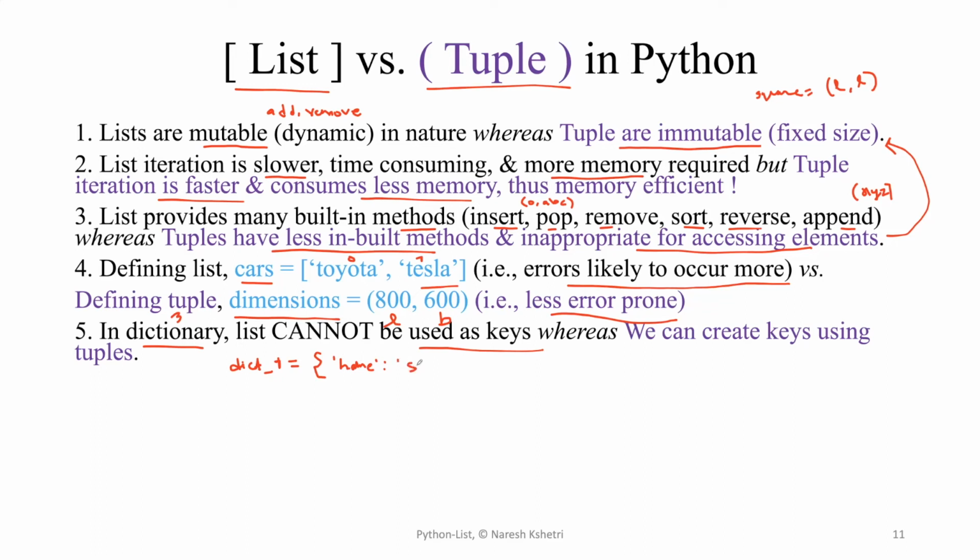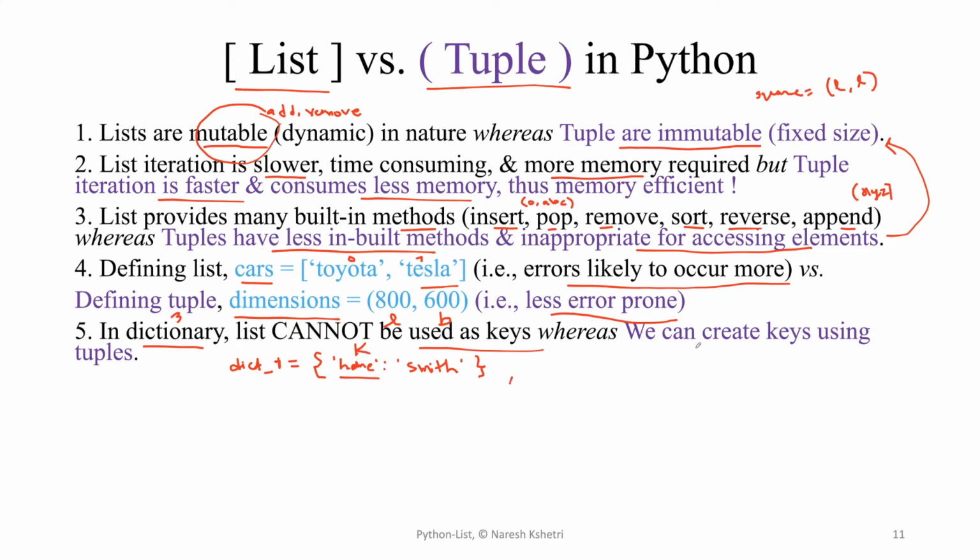as Smith. In this case, the list cannot be used as a key, because the key should be unique, and this uniqueness is violated because lists are mutable in nature. So the key cannot be mutable, it should be immutable.